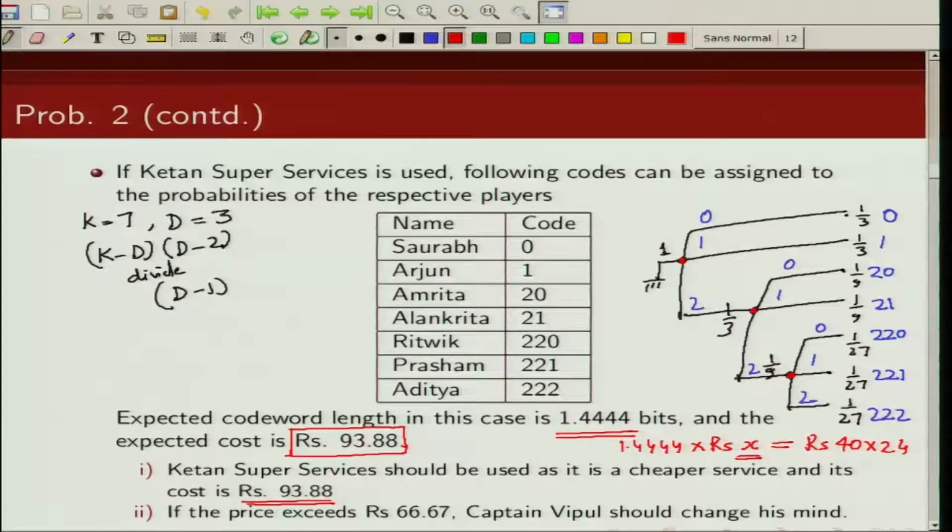If Kaitlyn increases the cost beyond this point, then Vipul is going to change his decision, and that price comes out to be 66.67. Okay, so if Kaitlyn increases the cost of his ternary transmission to more than 66.67 per ternary bit, then Vipul is going to change his decision and will go for Ajit's speedy post.